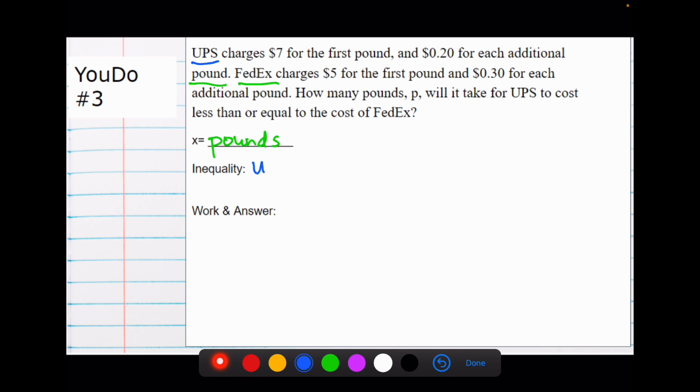So UPS tells us they charge $7 plus 20 cents for each additional pound. Okay, so each does not mean X, but it means times. So plus the 20 cents X. Okay, FedEx charges $5 plus 30 cents for each pound.